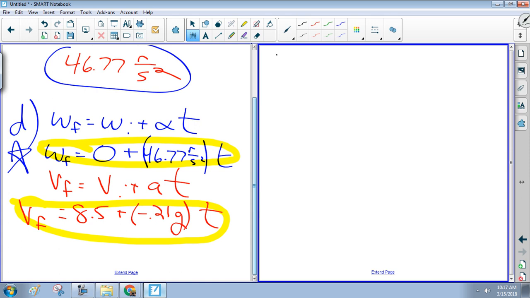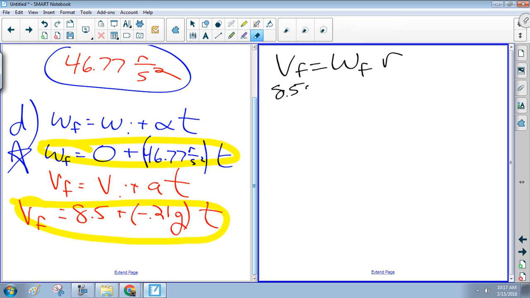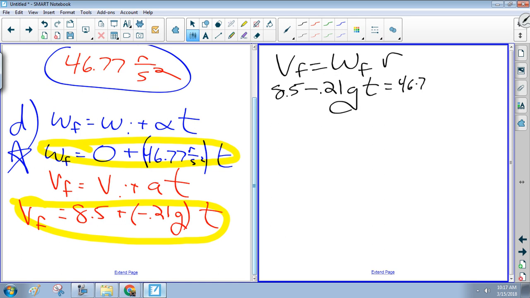All right, so VF equals omega F times R. So that means 8.5 minus 0.21 g times t equals 46.77 t times our radius, which is 0.11.